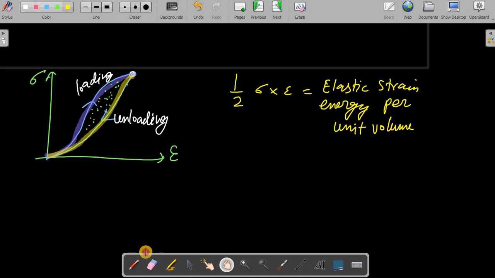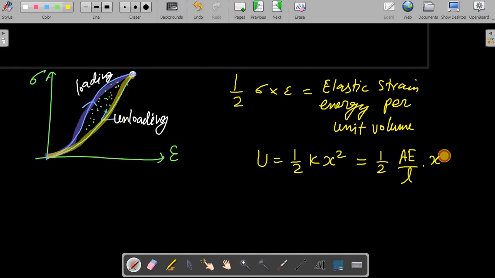How does this formula come? Just like the spring potential energy formula, which is half K x square. Right? Now, if you remember, we can calculate this K. If you remember, it was AE by L, and this is x square. So here you may also break it into stress into strain. So what is stress? Stress is force by area.